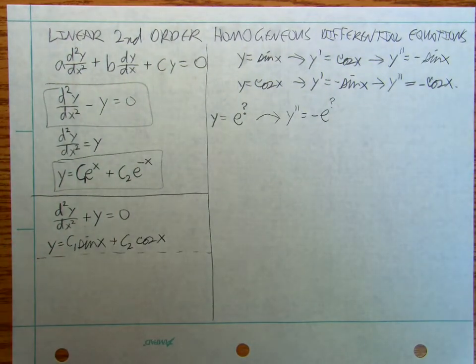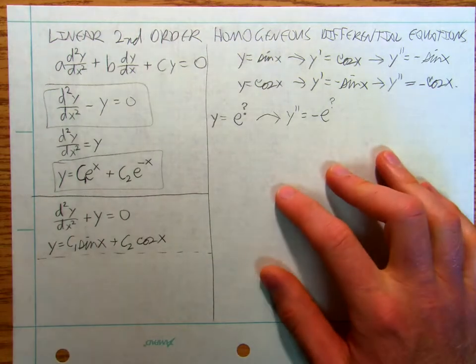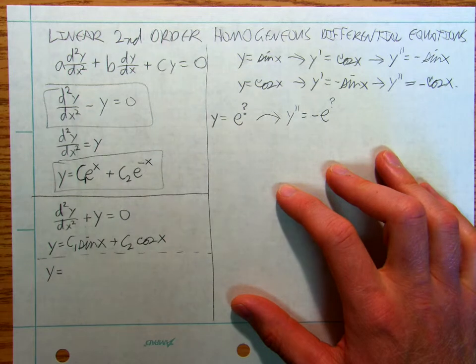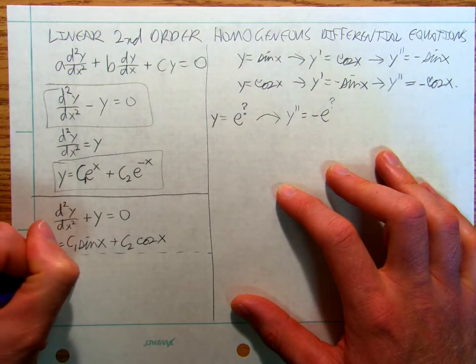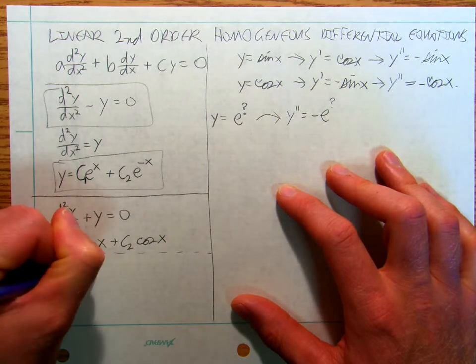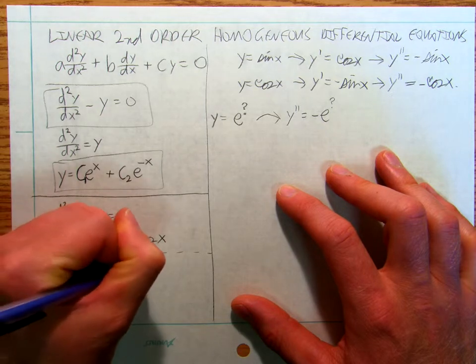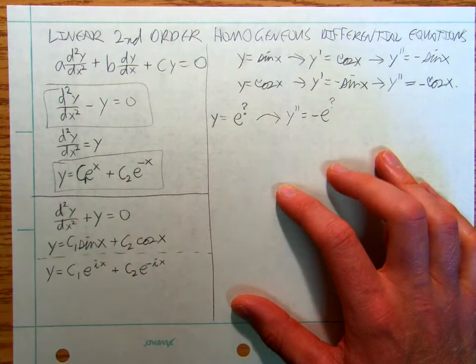Okay. Well, that one is going to be, I'm going to reveal it now, c1 e to the ix plus c2 e to the negative ix.